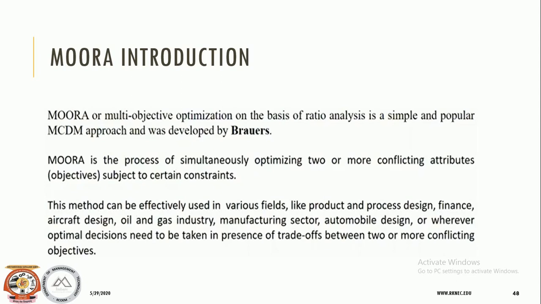The alternatives are ranked on the basis of their preference value, and the alternative with the highest preference value gets the best rank. It is selected as first, then second, third, fourth, and this is how the MOORA method with the ratio system approach is applied.